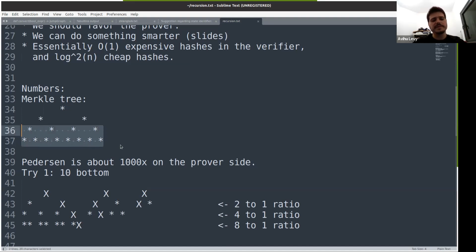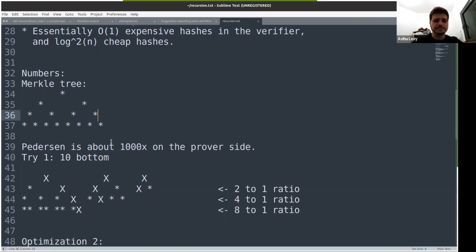I'm sorry, the top 10 are Blake, because the prover needs to do a lot of these operations on these layers, like this is 2 to the k, 2 to the k minus 1, etc. And only on the top layers will he do hashes that are cheap for the prover and expensive for the verifier. There is this asymmetry between how many hashes the prover needs to do and how many the verifier.